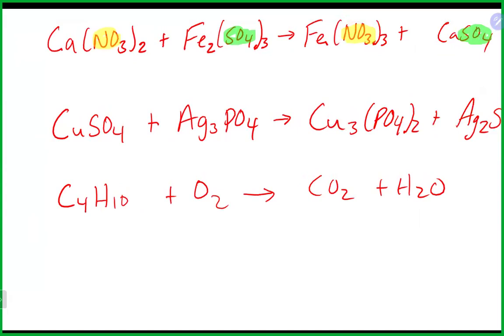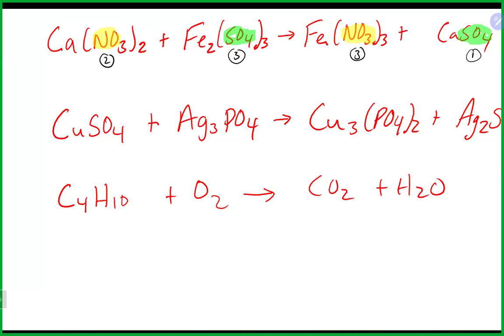As I mentioned before, you really could start with either polyatomic ion. And in some cases, one will work better than the other. But in this case, I'm going to start with the sulfate. The reason is, looking at the nitrate, I got 2 on this side and 3 on that side. And when I look at the sulfate, I got 3 on this side and 1 on that side.